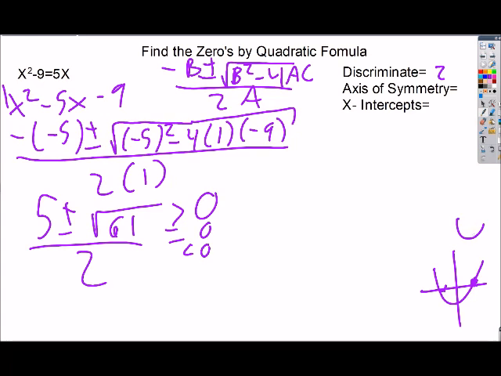My axis of symmetry is going to be this 5 over 2, so it's going to be 2.5, and then the last bit is my x-intercepts, which is going to be 5 plus the square root of 61 divided by 2, and then 5 minus the square root of 61 divided by 2. And I get the two answers of negative 1.4 and 6.4.